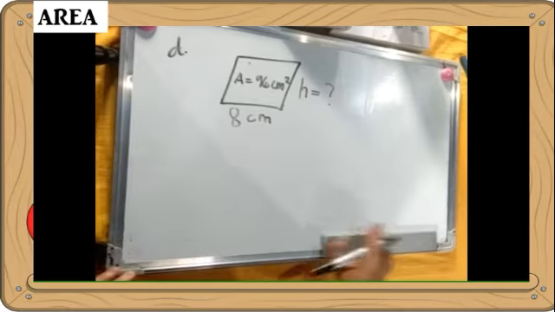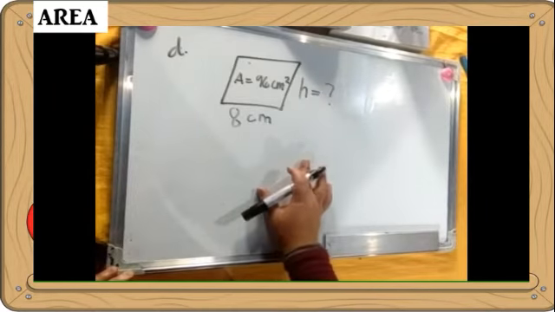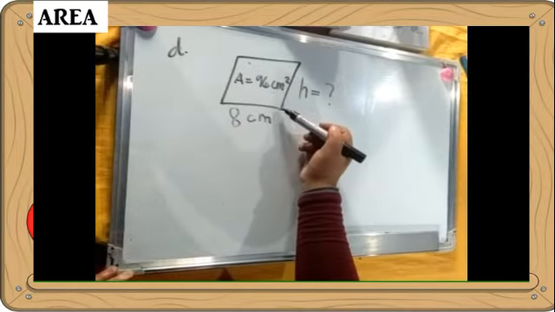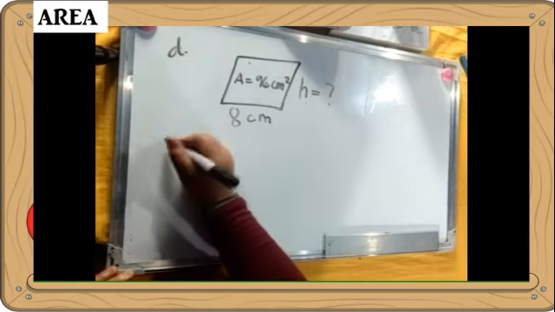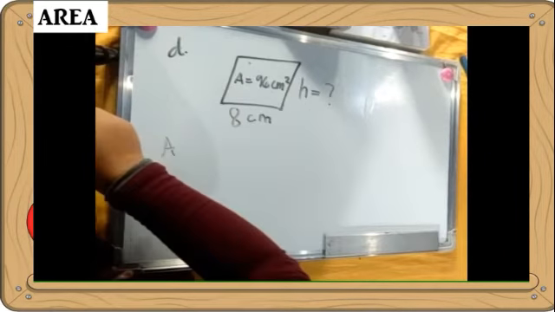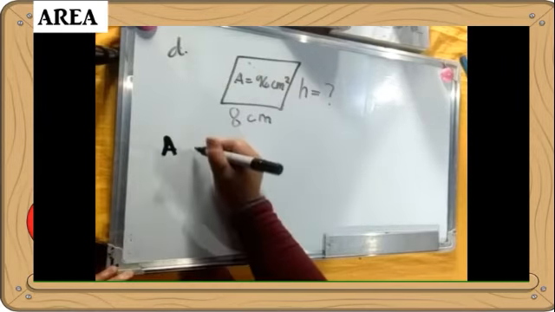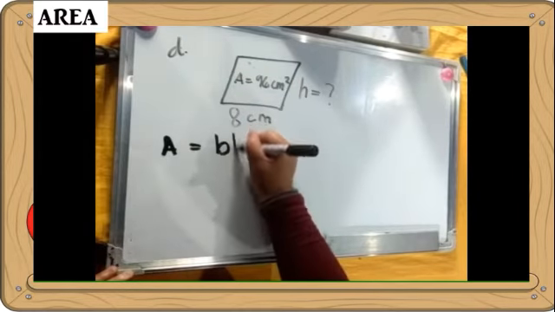Okay? We have example letter D. So, we have the figure. Unsay tawag ani nga figure class? It is a parallelogram. So, unsa may area? What is the formula in getting the area of a parallelogram? We have base times height.